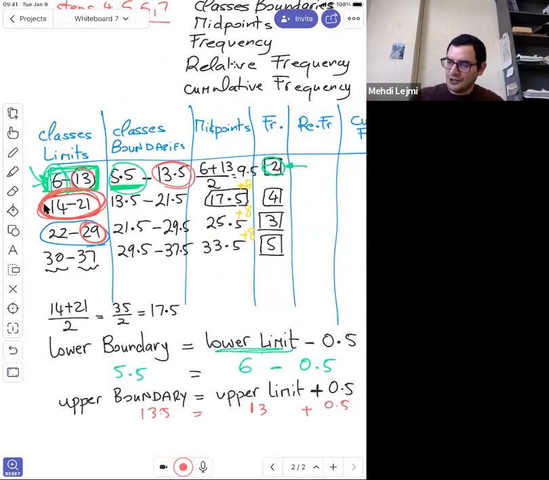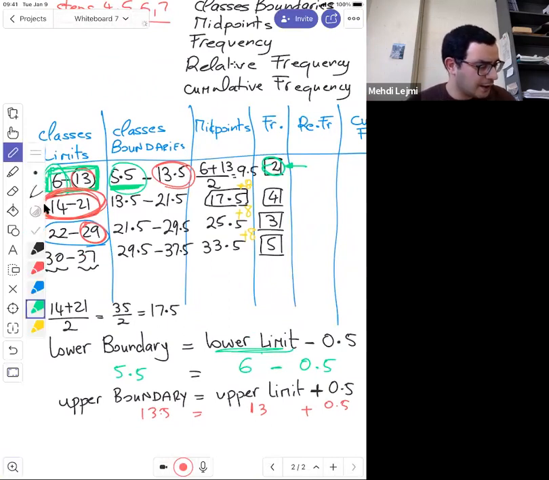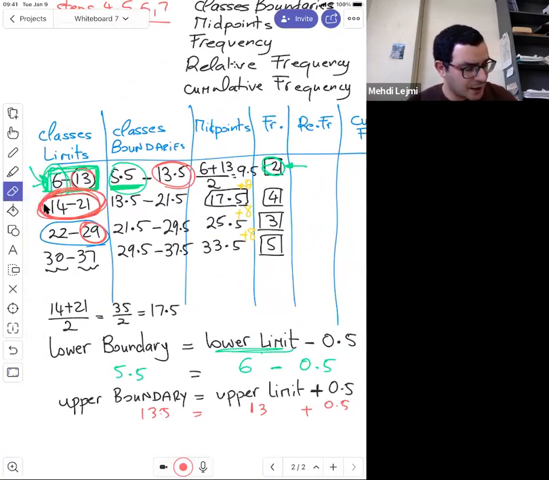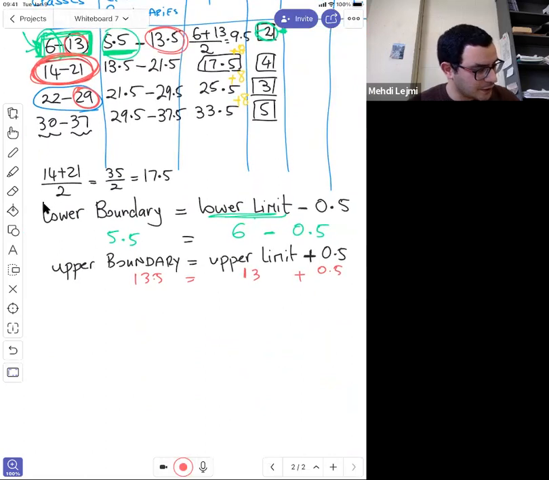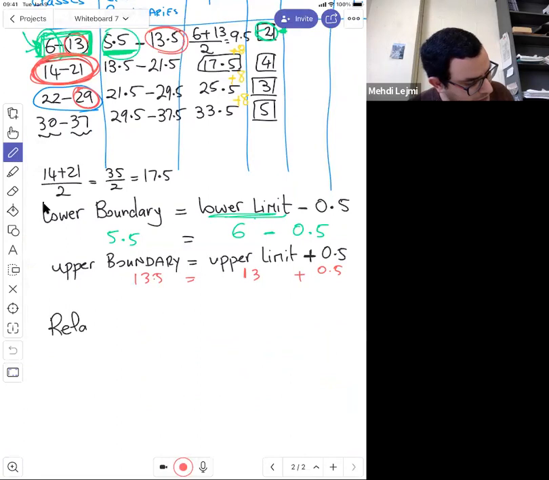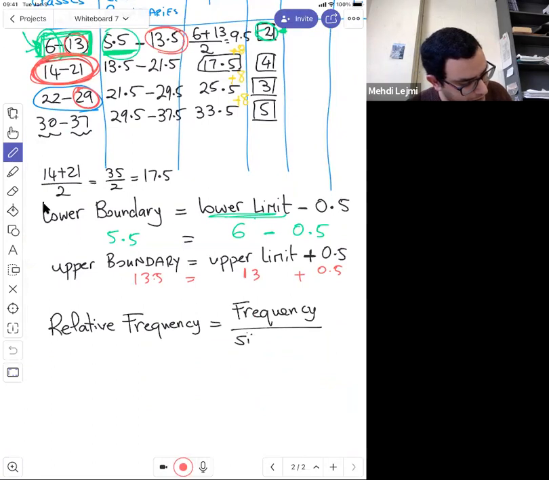That's my job. All right, so now for relative frequency, what I said yesterday is that for relative frequency, we need to divide your frequency by the size of the sample. Just to remind you, relative frequency is frequency over the size of the sample.